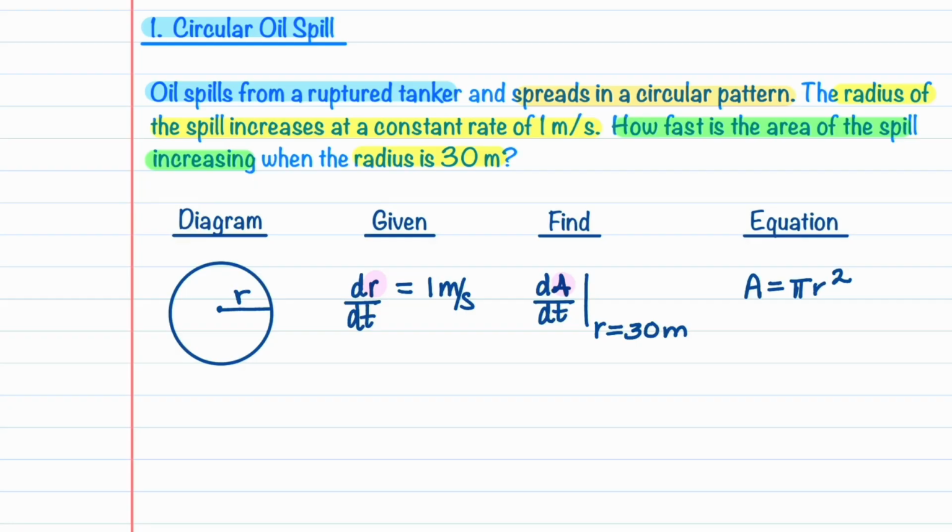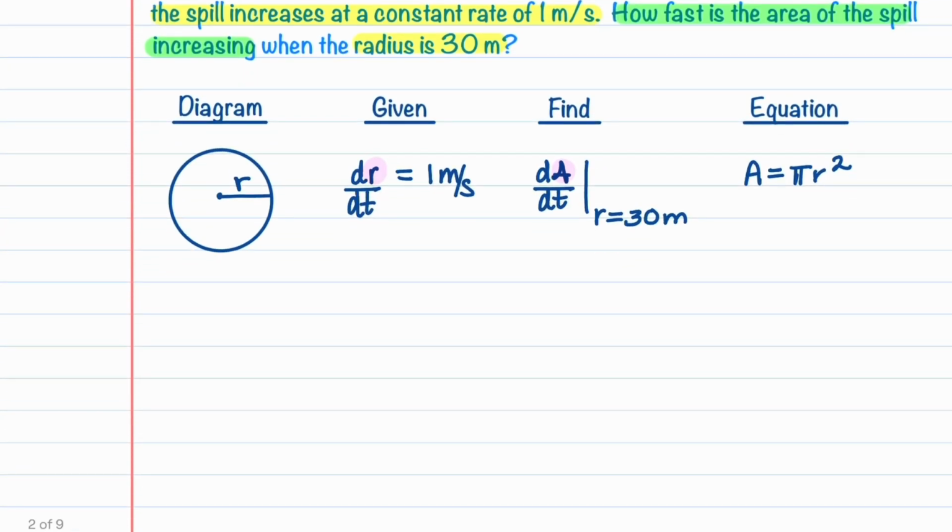Now what we need to do is differentiate this equation with respect to time. Let's go ahead and write down our equation. We have A is equal to pi r squared. And then we're going to take the derivative with respect to time of both sides. So we have dA dt is 2 pi r times dr dt.